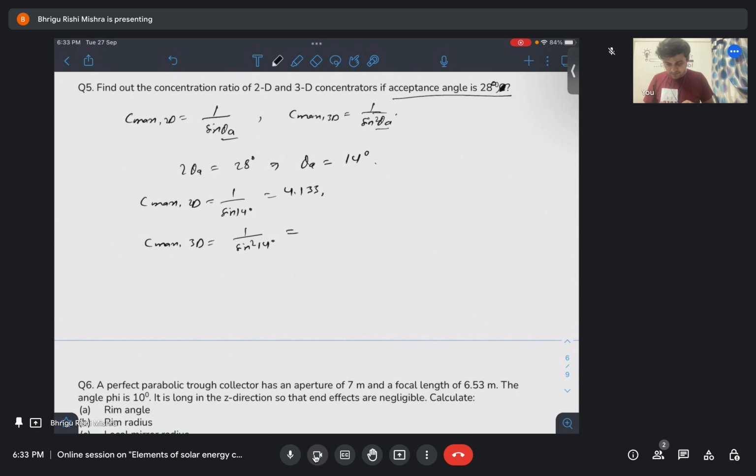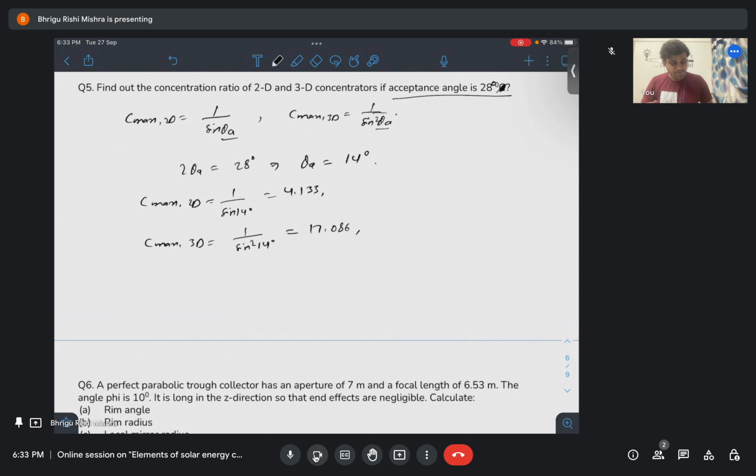So this is 1 divided by sine square 14, so it is around 17.086.